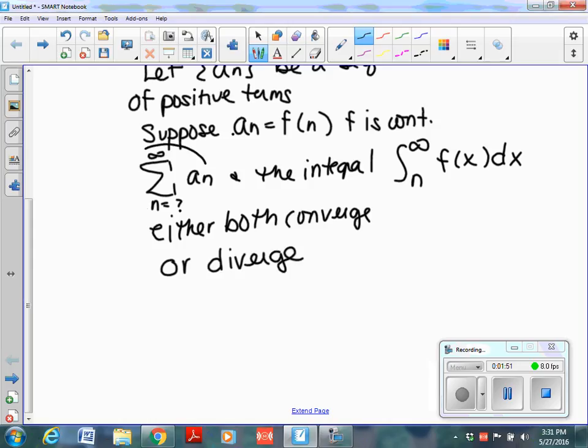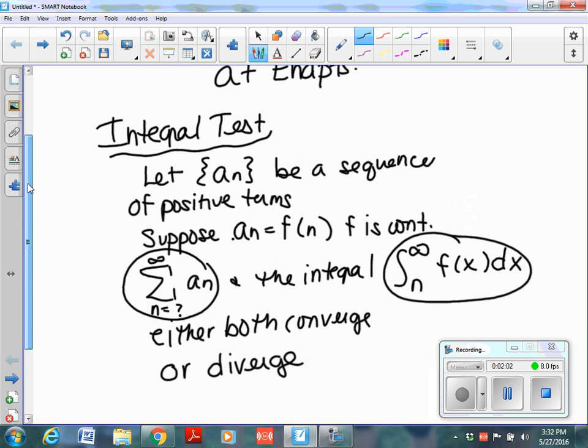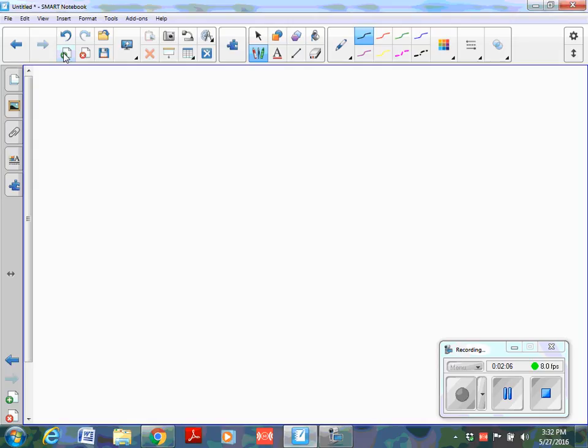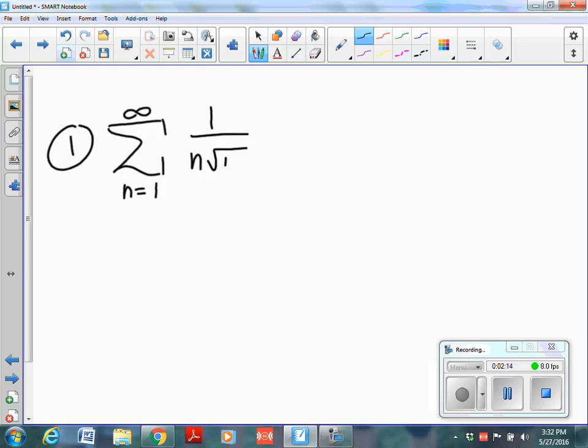If this is a series and this is the integral, if the integral converges, then the series converges. If the integral diverges, then the series diverges. So, for example, in the next problem, the series from n equals 1 to infinity of 1 over n square root of n converges. I'm just going to give you an example.